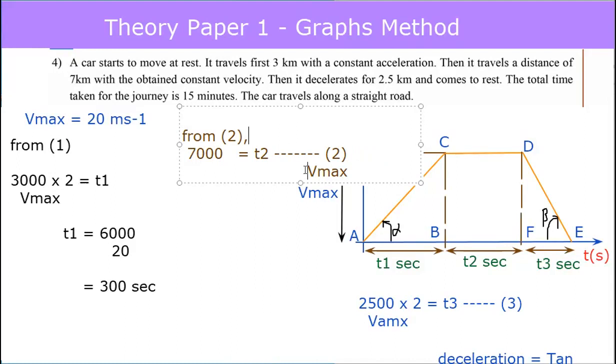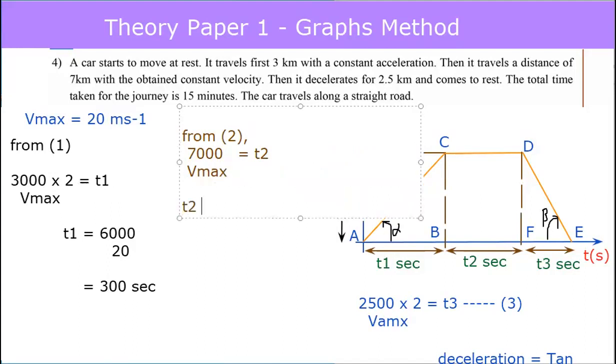Equation number 2 tells us 7000 divided by Vmax equals T2. We know that Vmax is 20, so this zero and this zero cancel out. This is 700, this is 2. So 700 divided by 2 is 350.